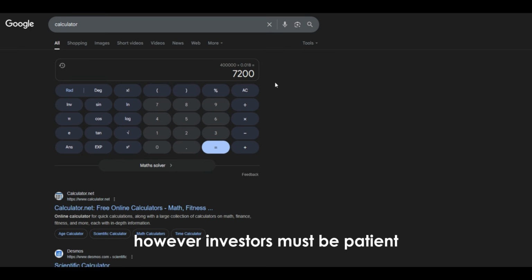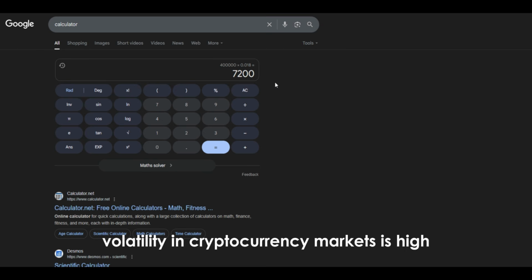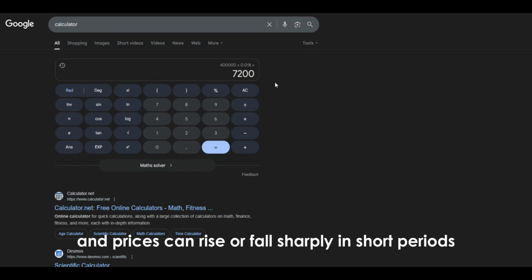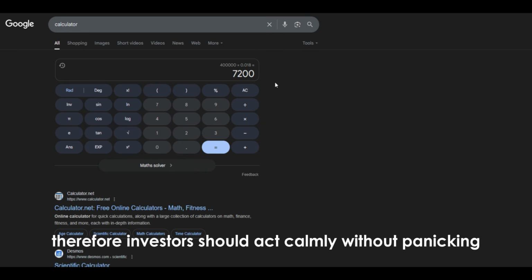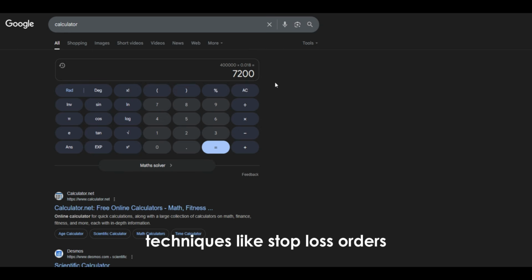However, investors must be patient and act cautiously in response to market movements. Volatility in cryptocurrency markets is high, and prices can rise or fall sharply in short periods. Therefore, investors should act calmly without panicking and apply risk management strategies. Techniques like stop-loss orders, appropriate position sizing, and portfolio diversification can help prevent potential losses.